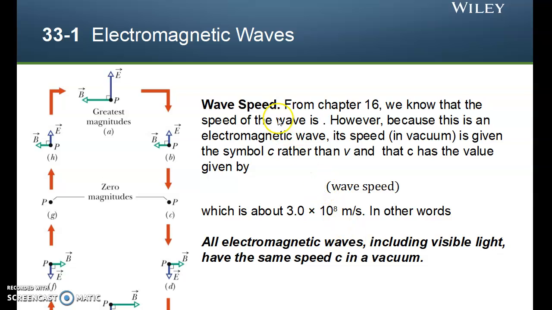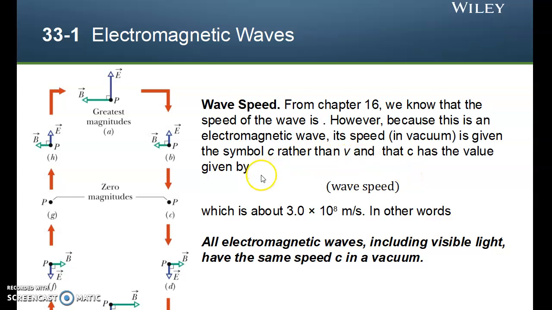Now, wave speed. The wave speed is omega over k, right? Remember from Chapter 16 when we had the wave speed as v equals omega over k. However, because this is an electromagnetic wave, its speed in a vacuum is given by c rather than v.